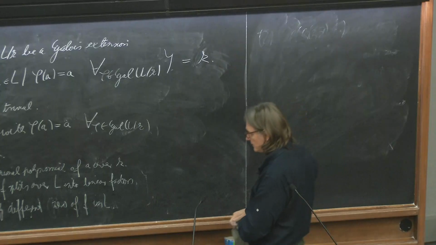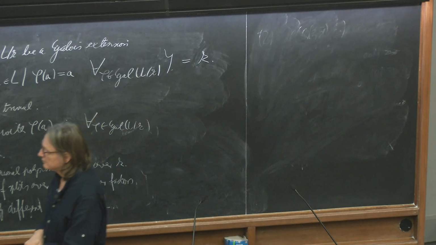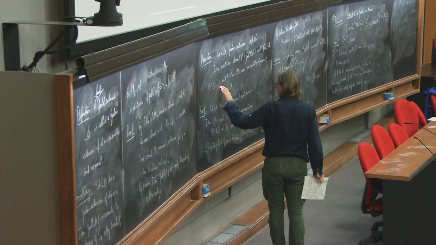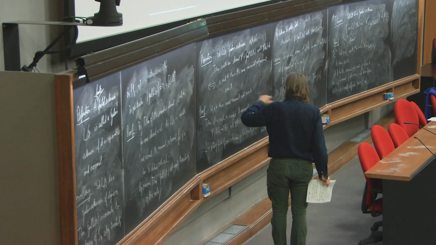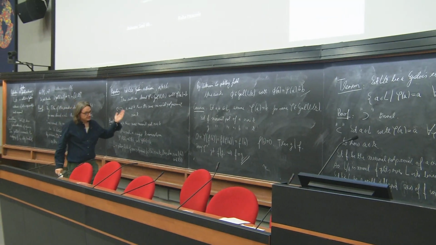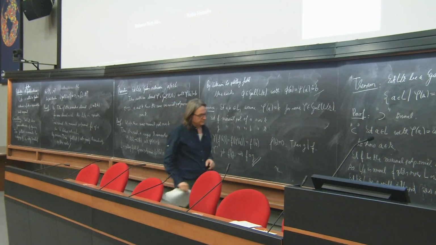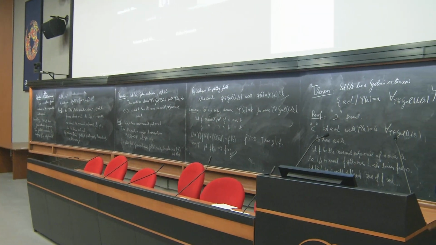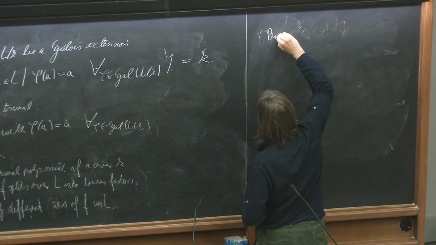By this statement here, if two elements have the same minimal polynomial, there exists an element in the Galois group sending one to the other, we know there exists an element in the Galois group sending a to b.